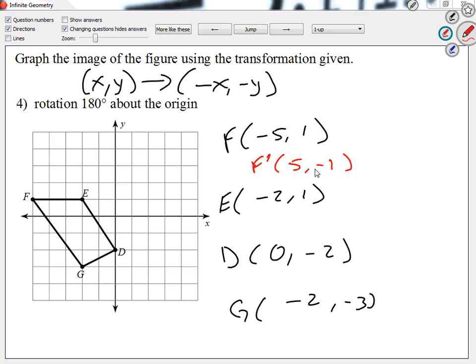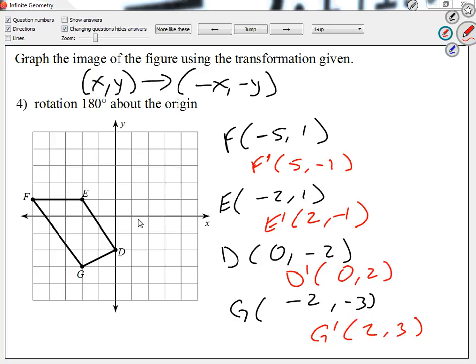Looking at my E, the E prime is going to become (2, -1). What do you guys get for D prime? (0, 2). What about G prime? (2, 3). Alright, so let me plot these points.